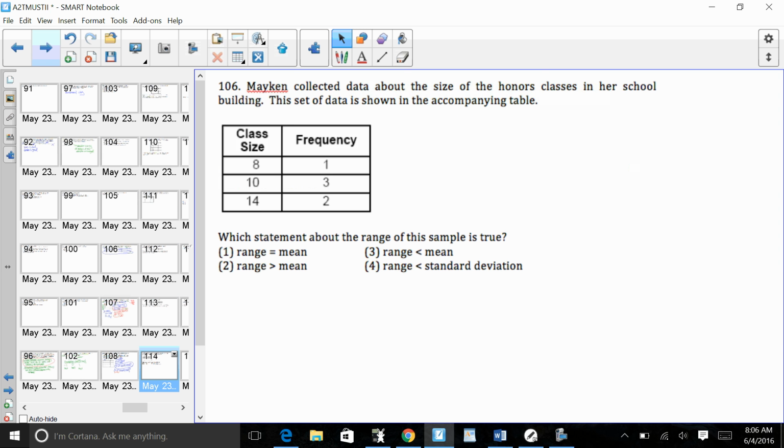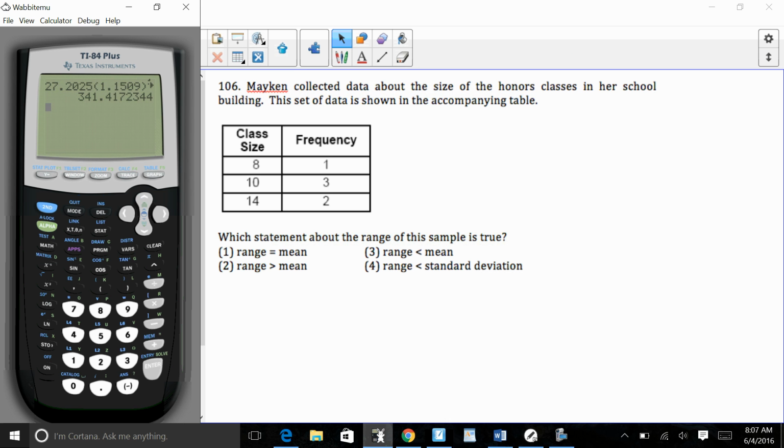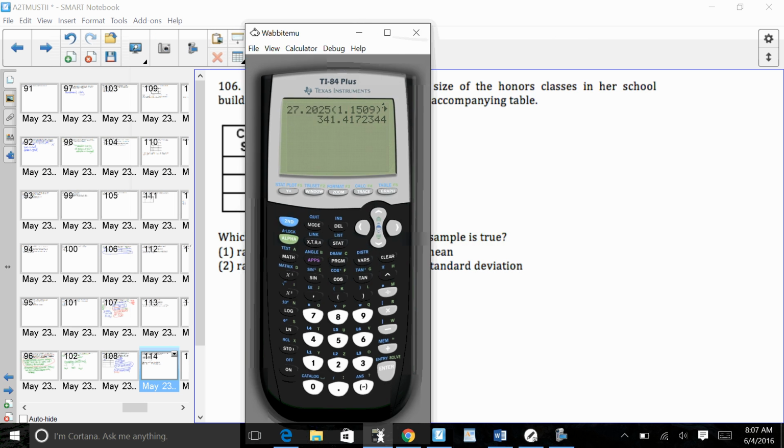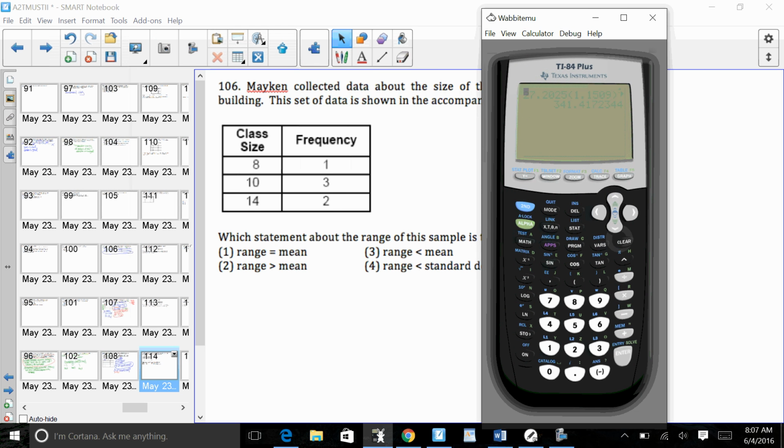We are up to 106. When it's asking about the range, the mean, the standard deviation, we need to go again to our calculator, type the data in. So I'm going to go to Stat, Edit. I'm going to clear this out of here. Because there is a frequency list, I am going to type the frequency in to L2. 1, 3, 2.